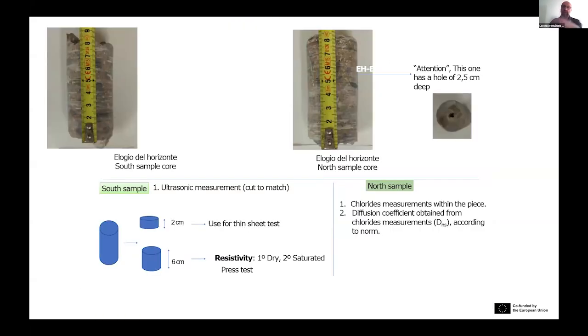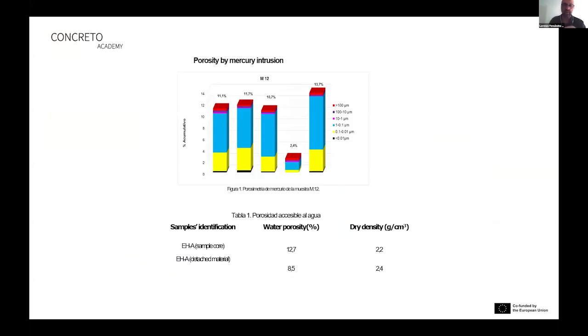Here's the drilling. The samples and the information we acquire from the drilling are very similar to the samples of the previous presentation, so there's no need to repeat. But we were looking of course for chlorides with these drillings.